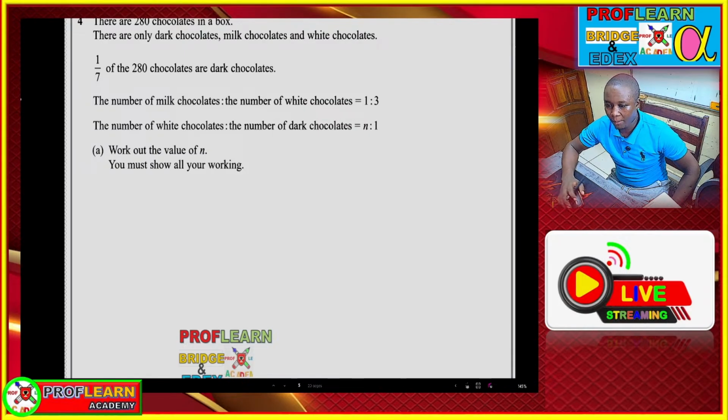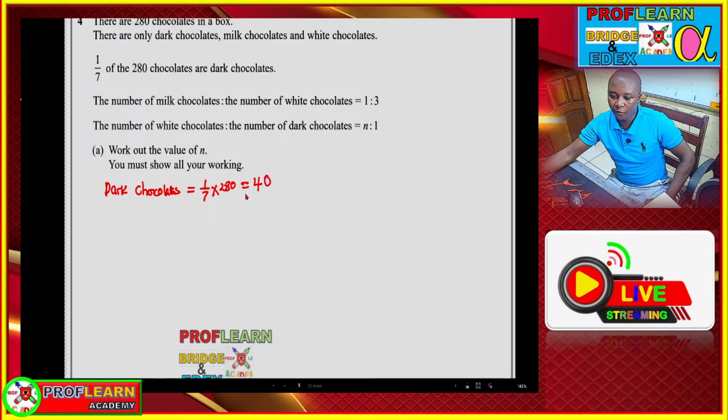So from there we can work out the dark chocolates. These are going to be 1/7 times 280, which means that 7 can go to 28 4 times, so this becomes 40. We have 40 dark chocolates.